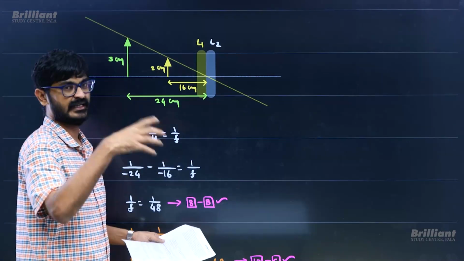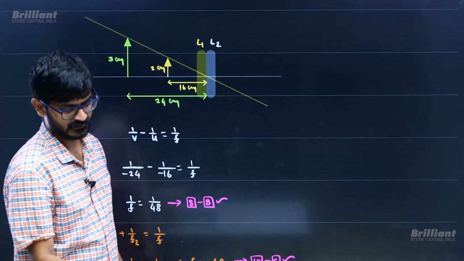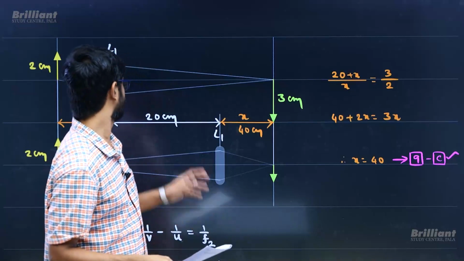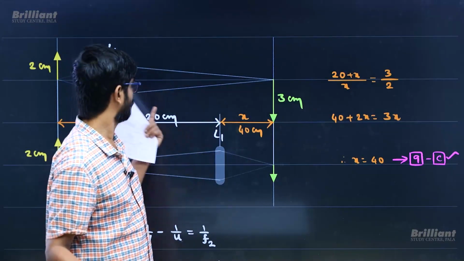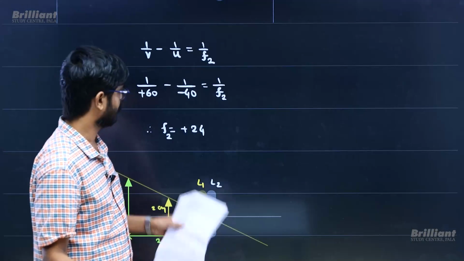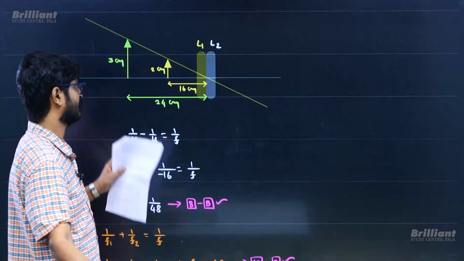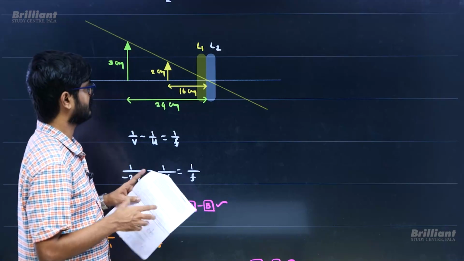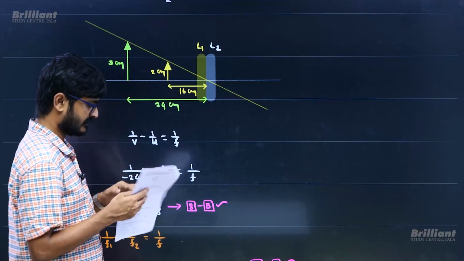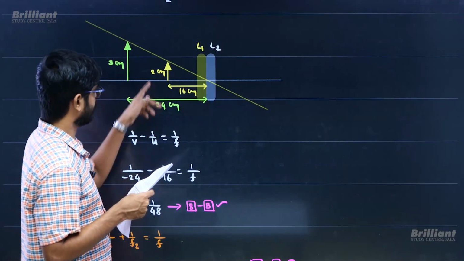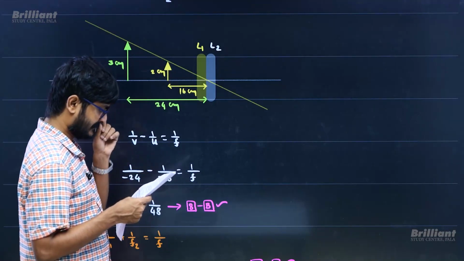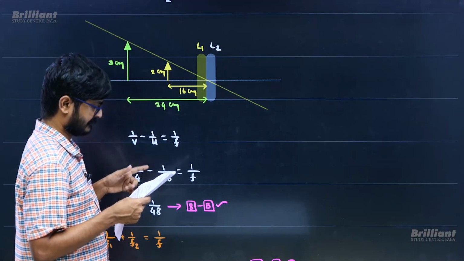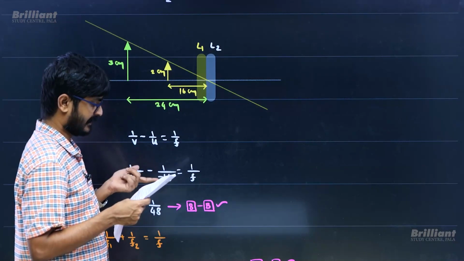So we have taken what's happening in the lens displacement method, and we figured out the distance between the object and the screen is 100 cm, and the focal length of that particular lens is plus 24, which is a converging lens, that is L1. Then they have given the combination. When there is a combination, they said object size is 2 cm and the image is erect and magnified.